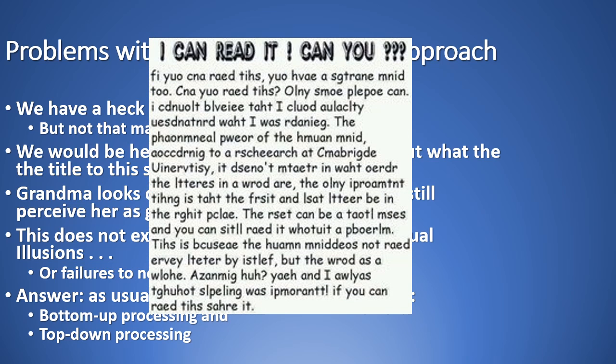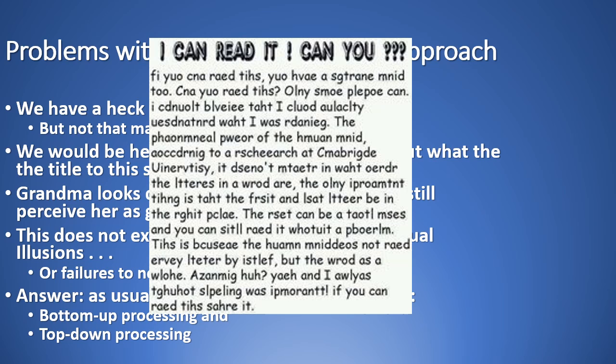So if you can read this, that would be an example of a combination of using features like individual letters, but also top-down. So you are projecting what you think would be next. You're creating a guess or a hypothesis about what would come next.